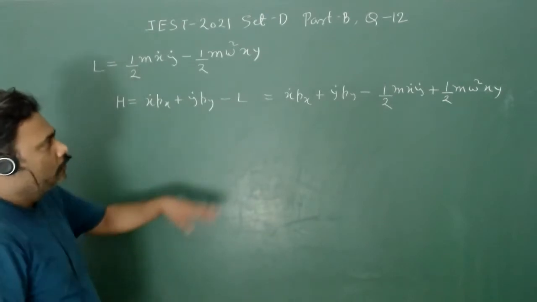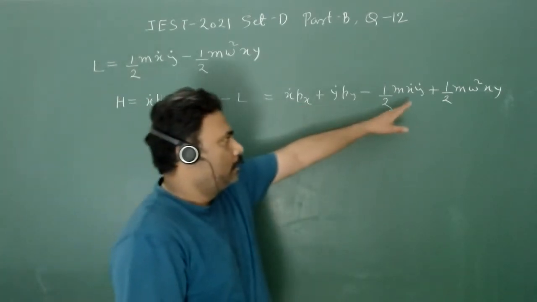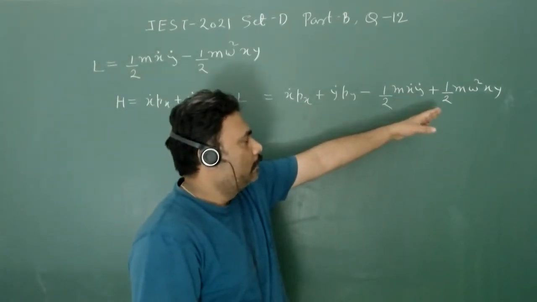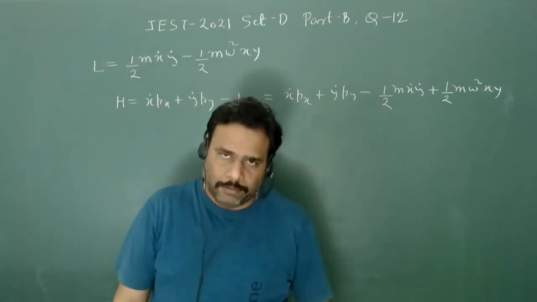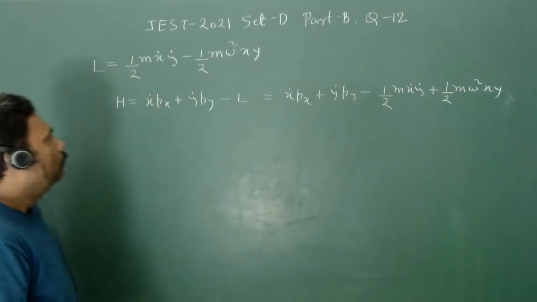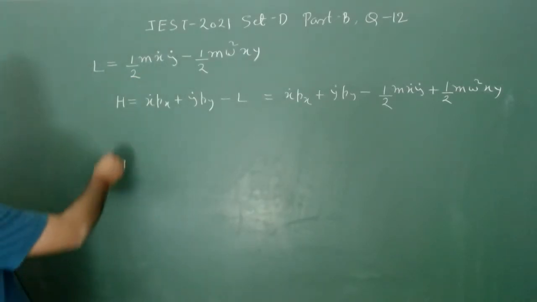We have to replace x dot and y dot, so that the Hamiltonian is a function of generalized coordinates and generalized momenta.